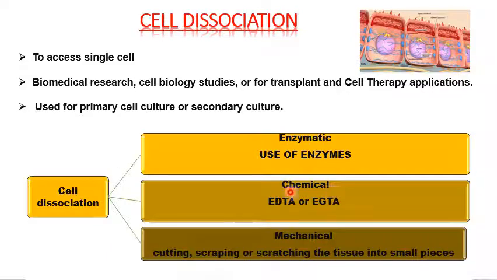The next type is chemical cell dissociation. In this type, we use two types of chemical, that is EDTA or EGTA. Why? Because these cells are linked with each other with the help of cations.